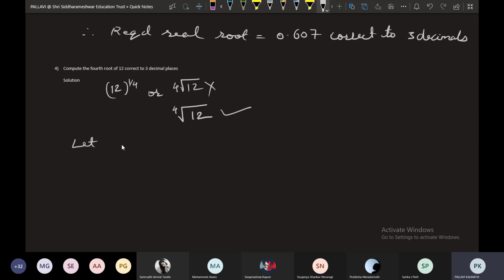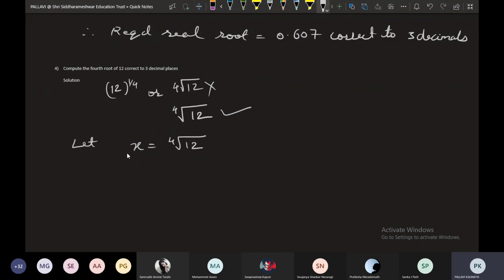Therefore, let us consider x, the value, let x equal to the fourth root of 12. You should have some function in terms of x. So we consider let x equal to the fourth root of 12.